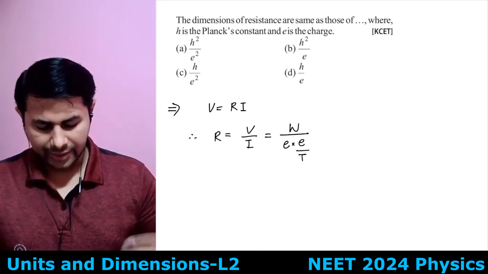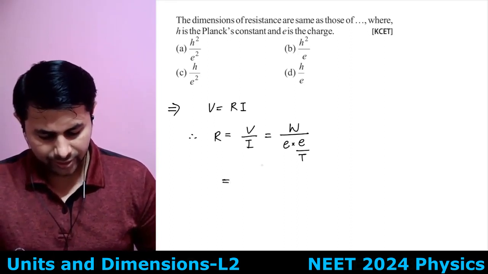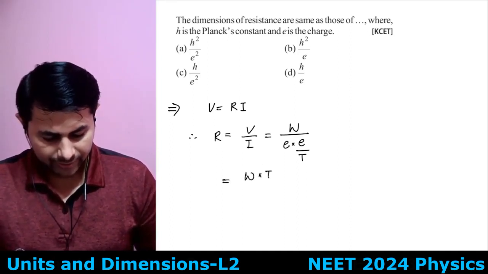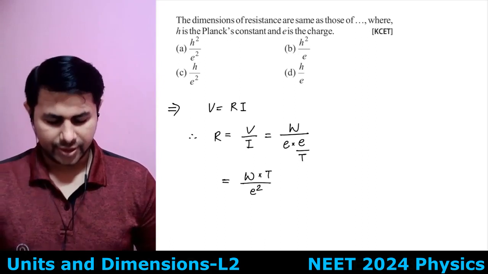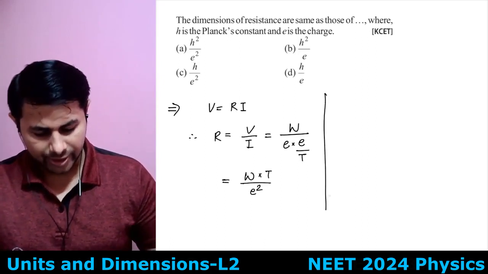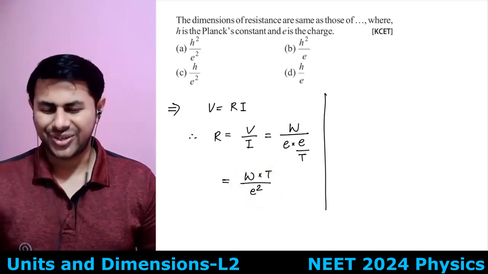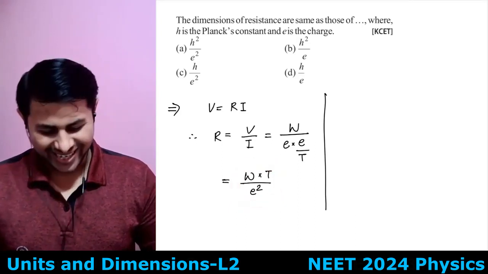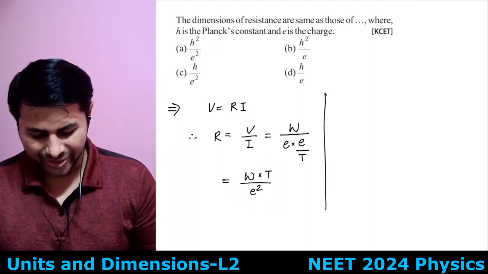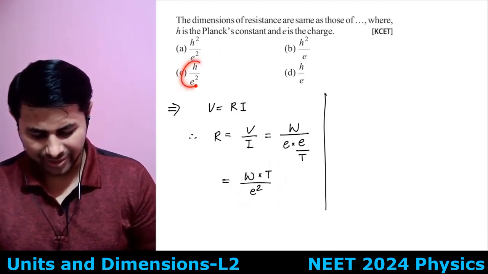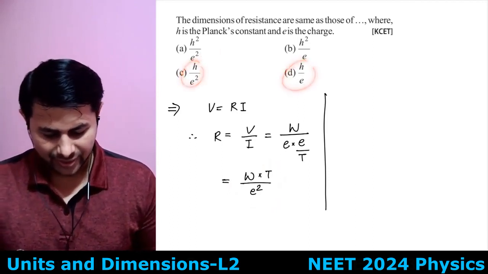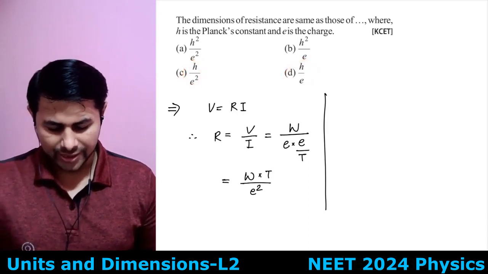Now you can take that time in the numerator, so you get work done or energy multiplied by time divided by e square. These are the dimensions of resistance, and we want to match it with something from here. So which one would be the answer?